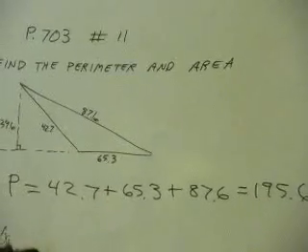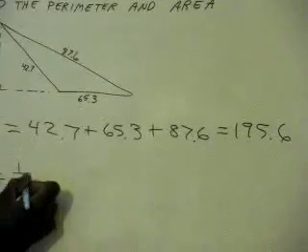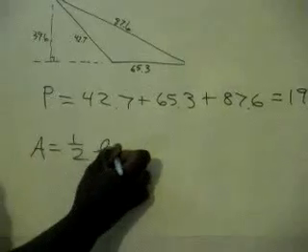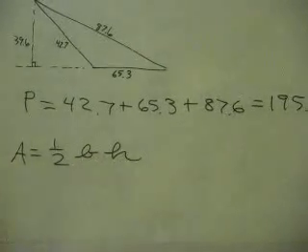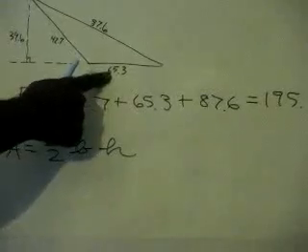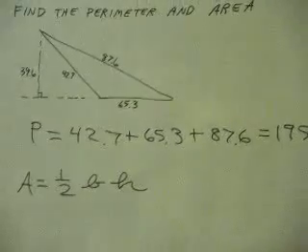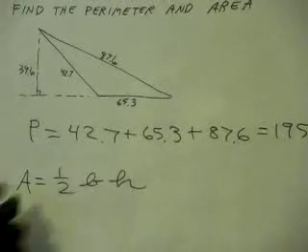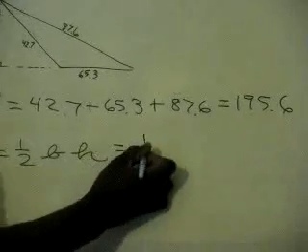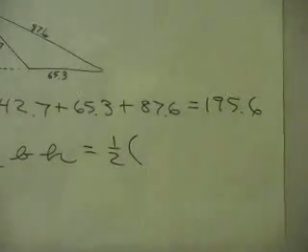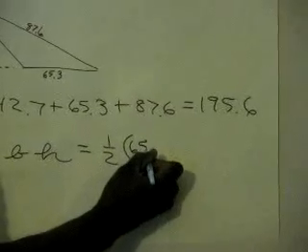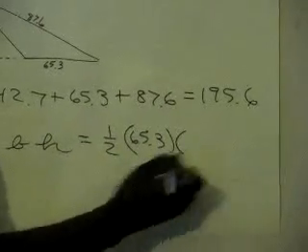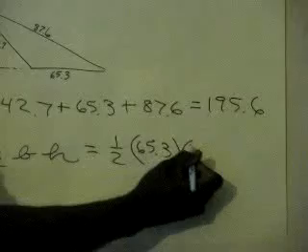Area for a triangle, the formula is 1/2 times the base times the height. The base length for our triangle is 65.3. The height is 39.6. So we're going to substitute 1/2 times 65.3 times 39.6.